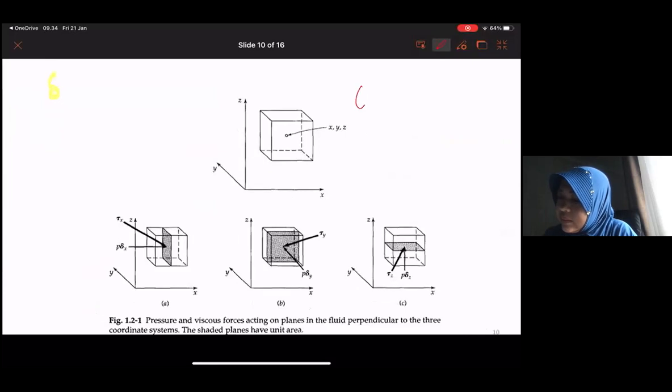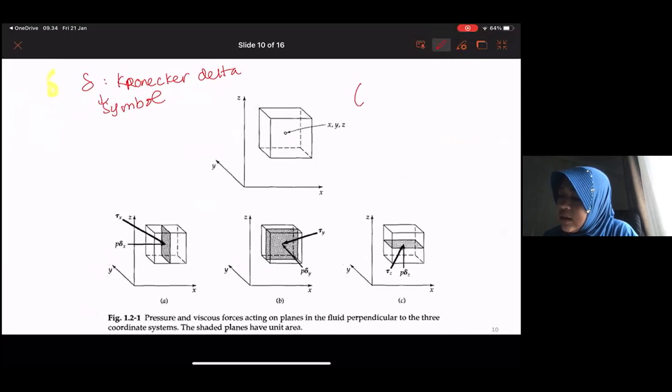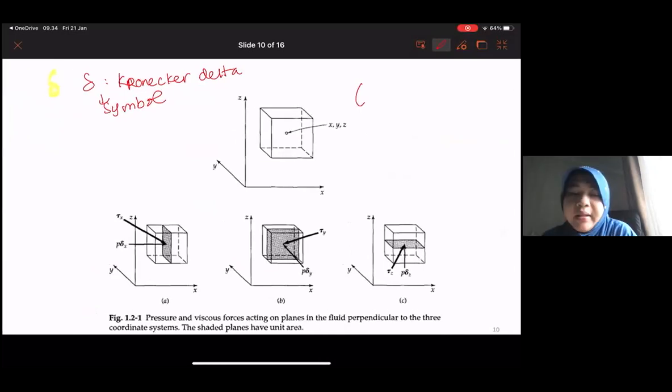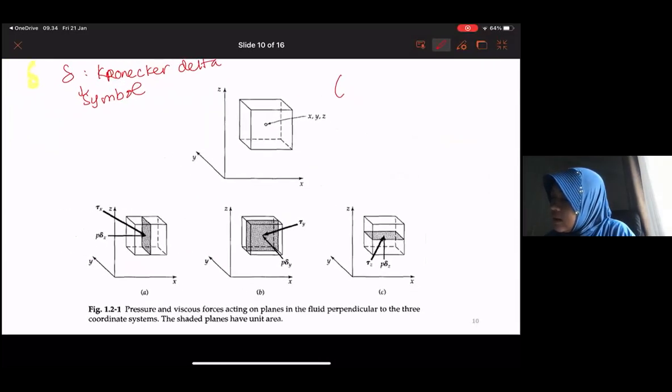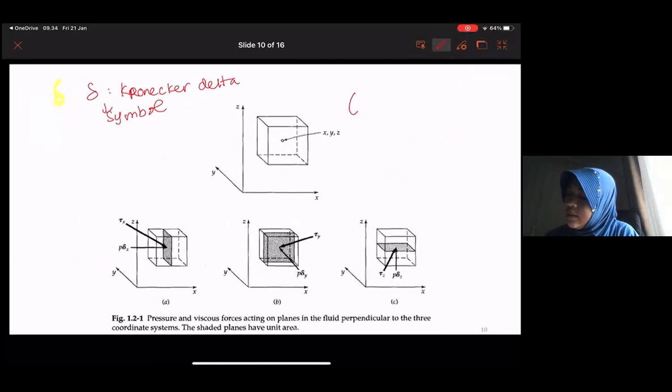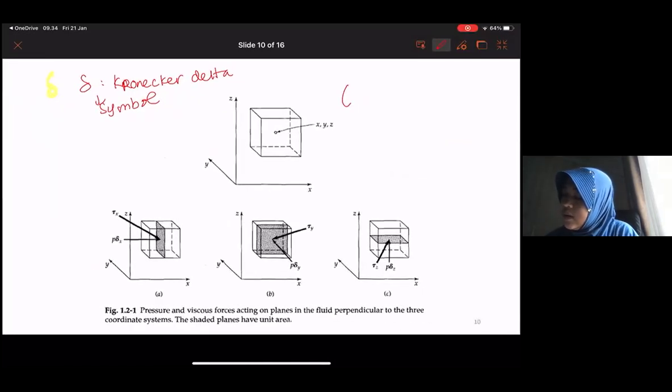It is just a symbol. I'll explain in a minute, because it is in the next formula.